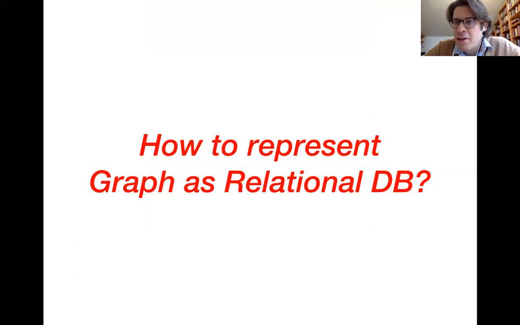The first thing we need to do in order to use a relational database is to represent that graph as a relational database. Does anyone have a suggestion about how we could represent this graph, or perhaps graphs in general, inside of a relational database system?